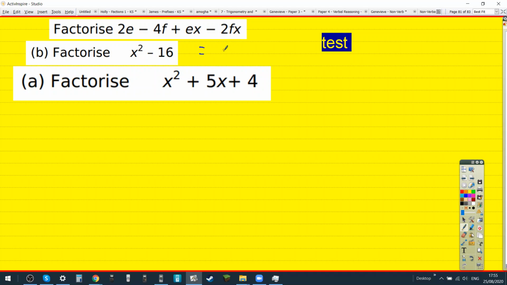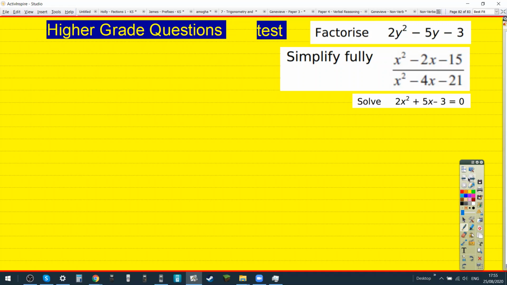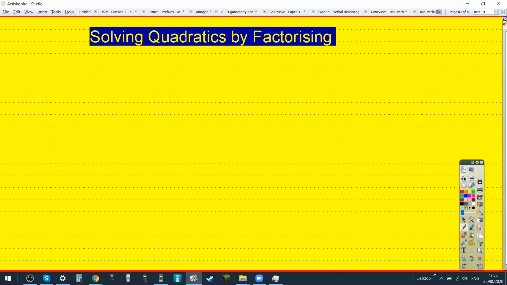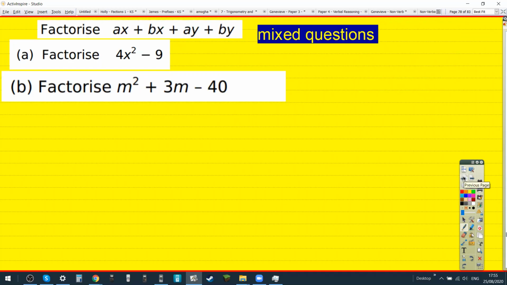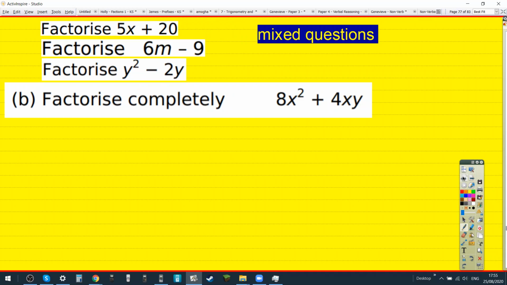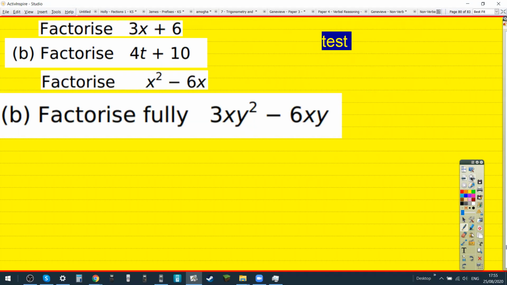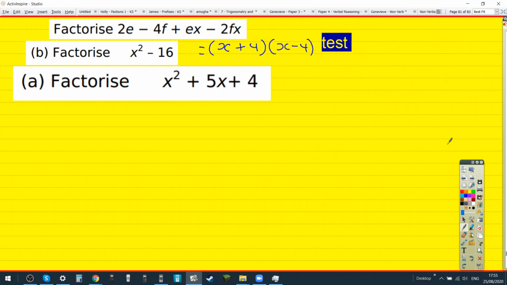So it'll be x plus 4 and x minus 4. How about, let me just see if I have one. How about this one? Next one.